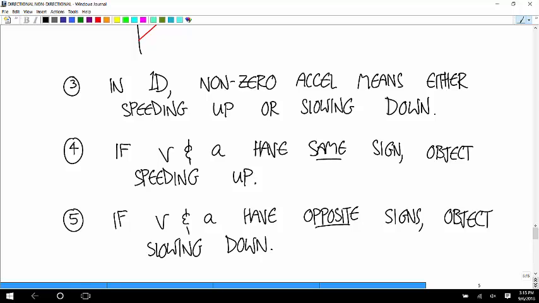And I think if you were asked to guess without any extra information what it means for acceleration to be positive or negative, most people guess positive acceleration means speeding up, negative acceleration means slowing down. But notice that's not how it works. In order to figure out whether something's speeding up or slowing down from the signs, you need to know the sign of the acceleration and the velocity. And it's the way those two relate to each other that determines that.